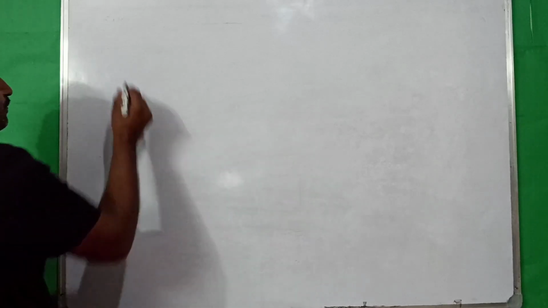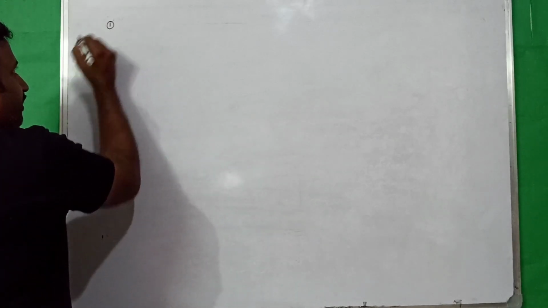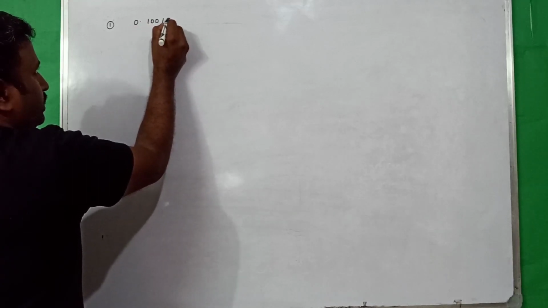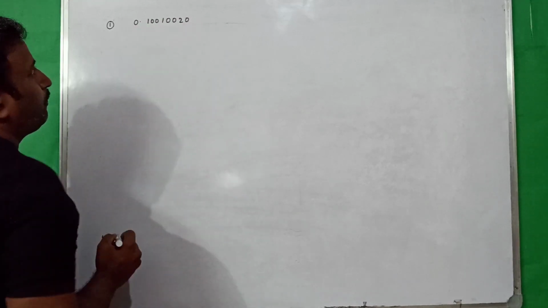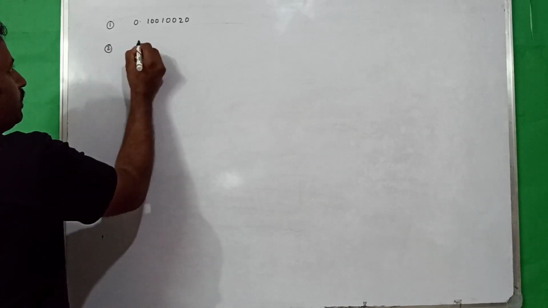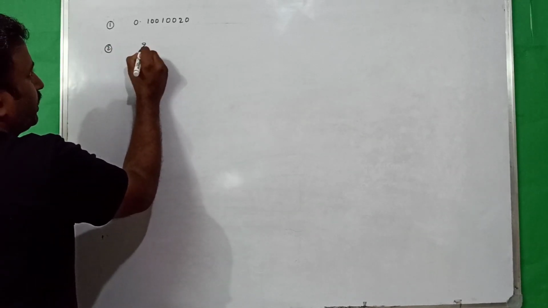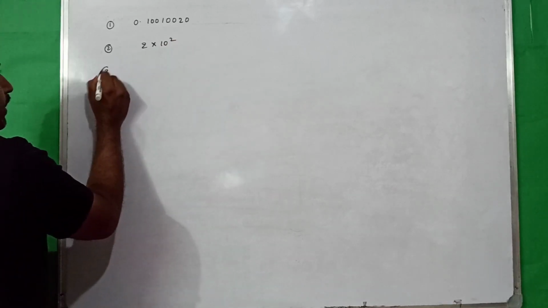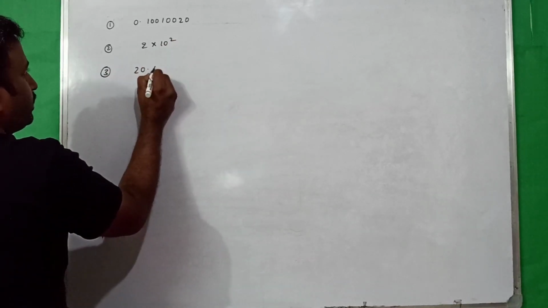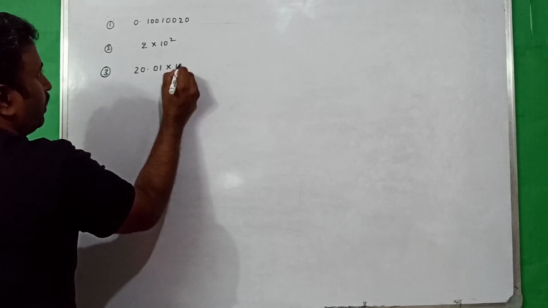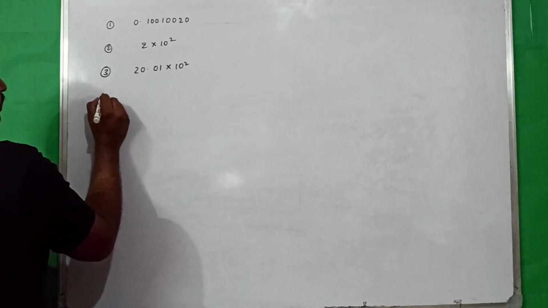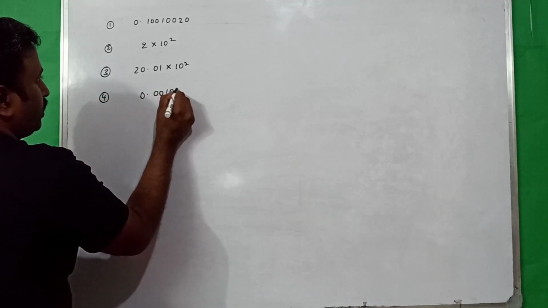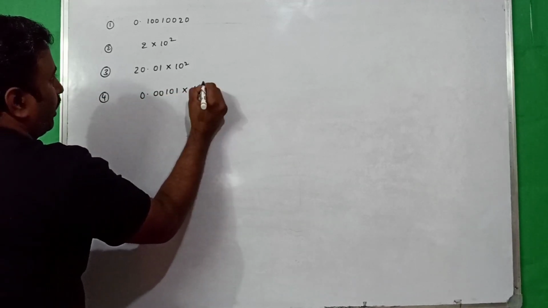First question. Find the number of significant figures in 0.100100020. Second question, 2 into 10 square. Third one, 20.01 into 10 square. Fourth one, 0.00101 into 10 power minus 3.